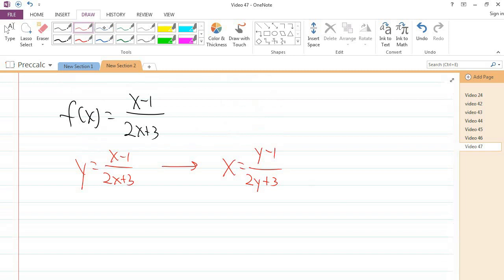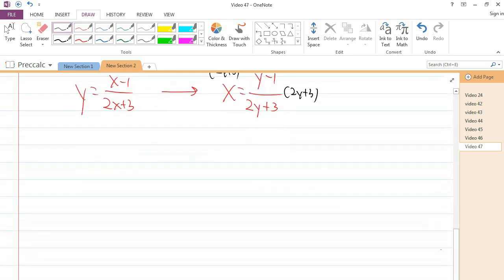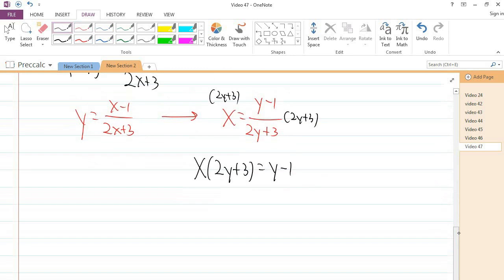So I'm going to multiply 2y plus 3 to both sides, and that is going to cancel out my fraction. So that at least all of my y's are on the same line of the equation.